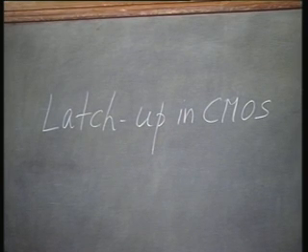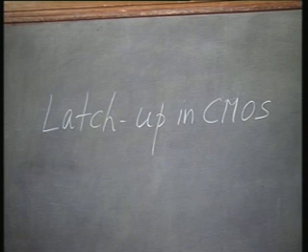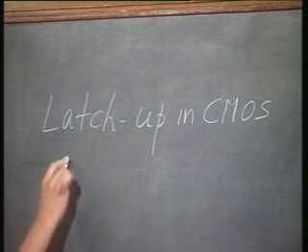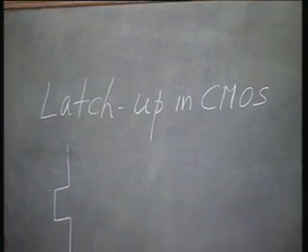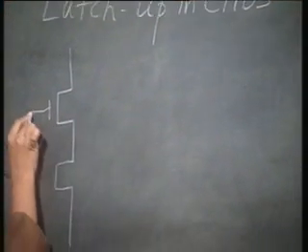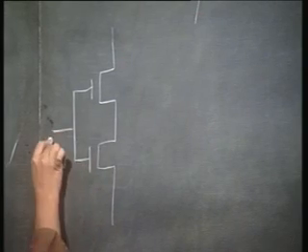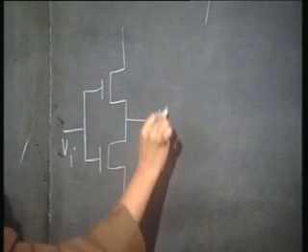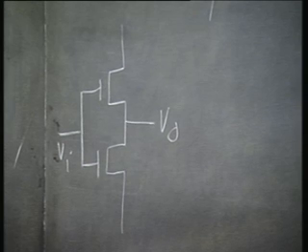Okay. Now, a basic CMOS inverter is something like this. This is your input, this is the output.